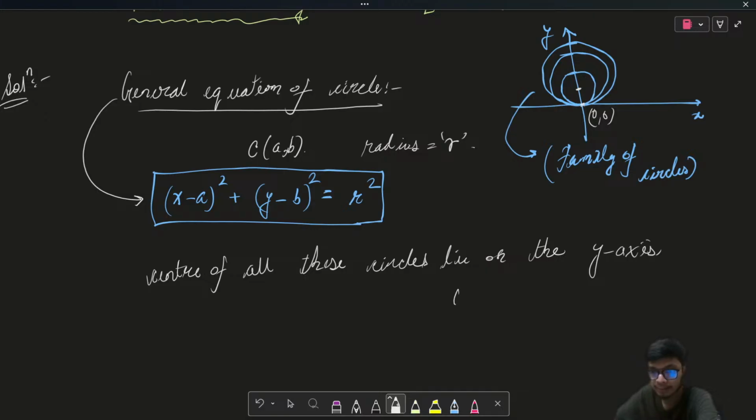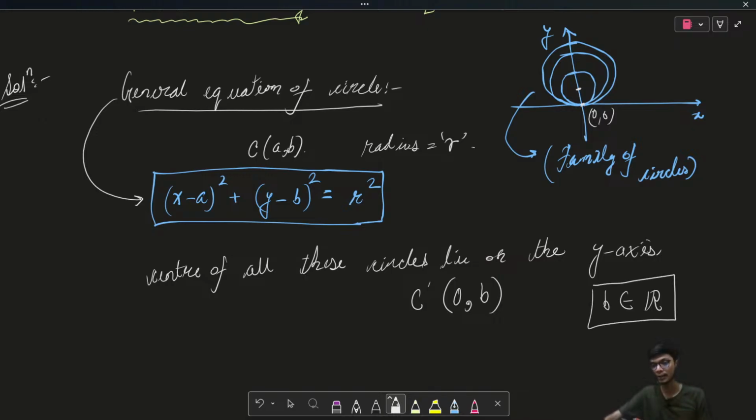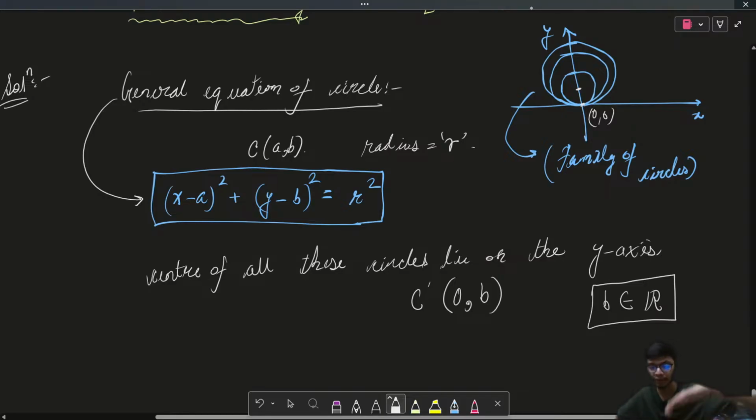Let us take any variable point b. So the center of any of the circles is given as 0 comma b, where b is any real number, and I can vary b to get multiple centers of these different circles.